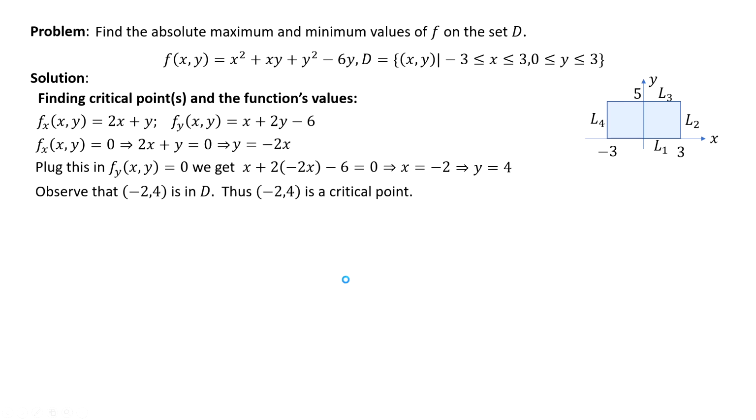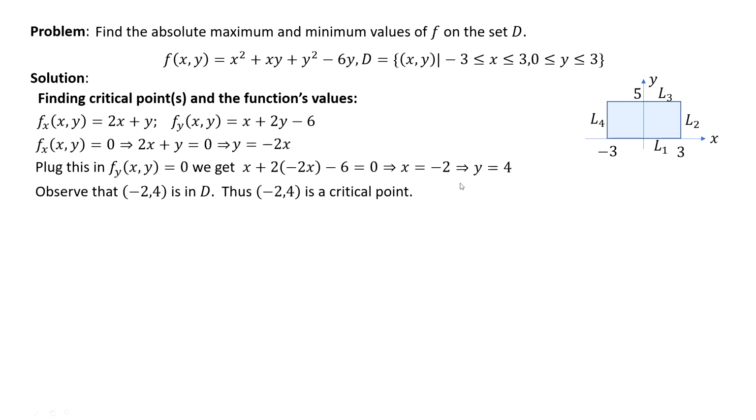Now what? Well, is negative 2, 4 inside the domain? x is negative 2, somewhere here, and 4. Yep, that's in the domain. So before you call this a critical point, you better make sure that it is inside the domain.